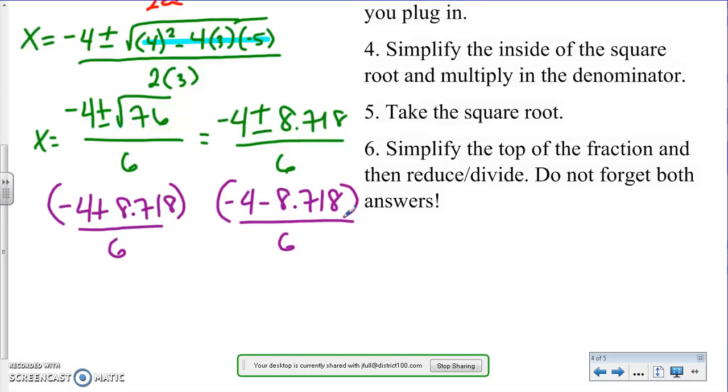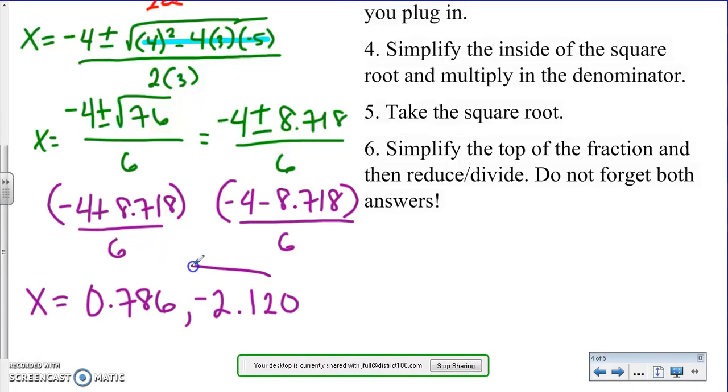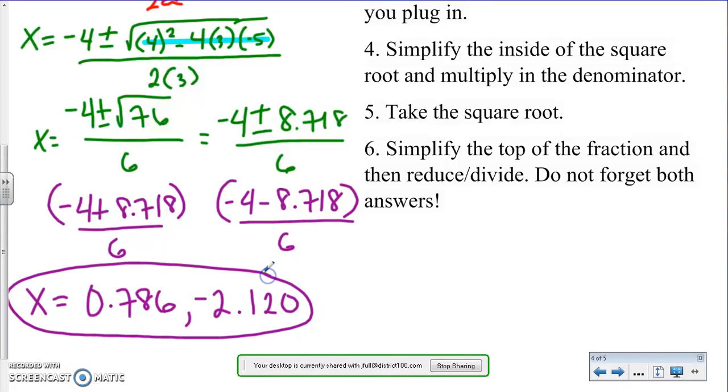You get 0.786. Okay, so that's our first answer. When you type the second one in, negative 4 minus 8.718 divided by 6, you get negative 2.1196, which actually rounds to negative 2.120. Okay, so those are your two answers.